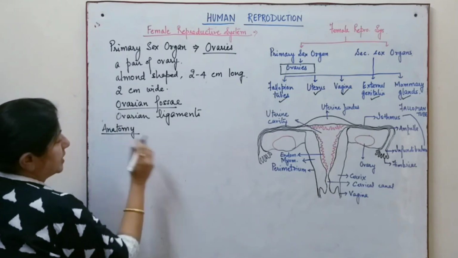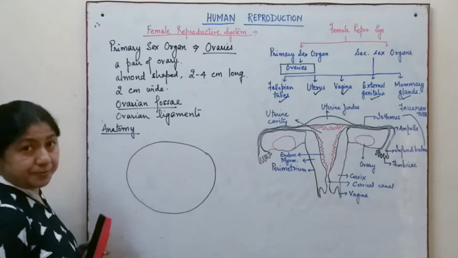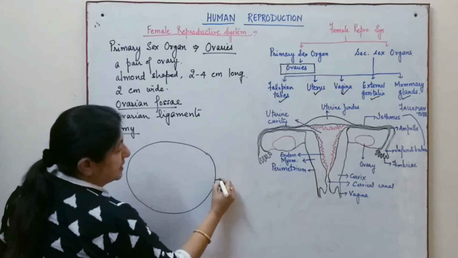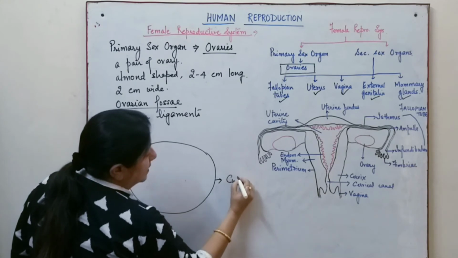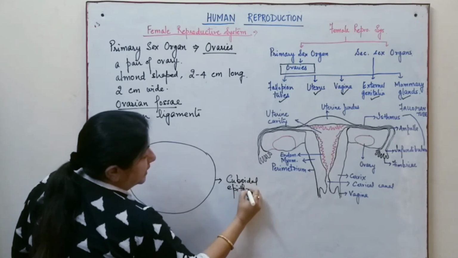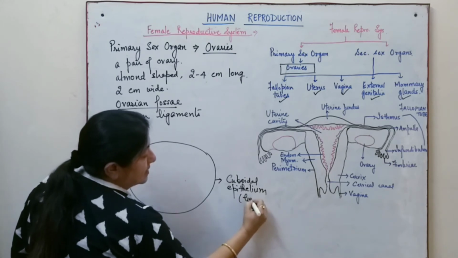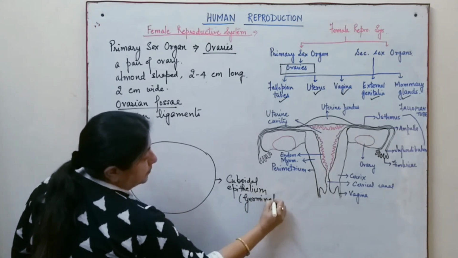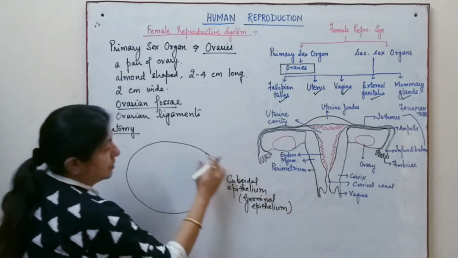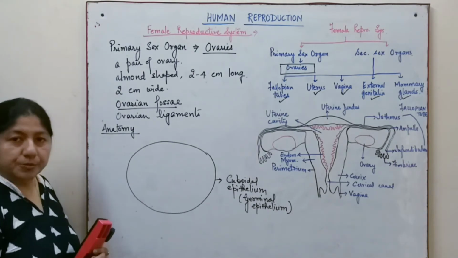It is an oval-shaped structure with an outer covering of cuboidal epithelium, which is also called the germinal epithelium.